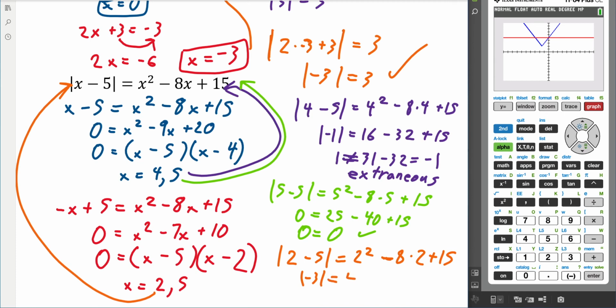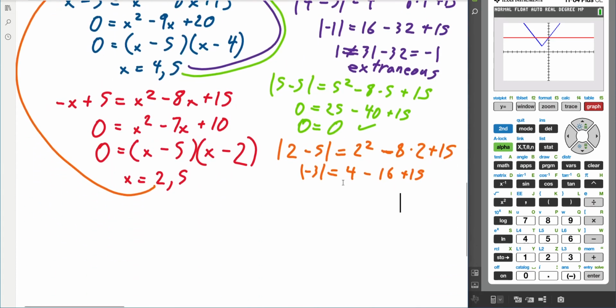This is 4 minus 16 plus 15, which gives us 3 here. 19 minus 16 is 3. So this one also works.